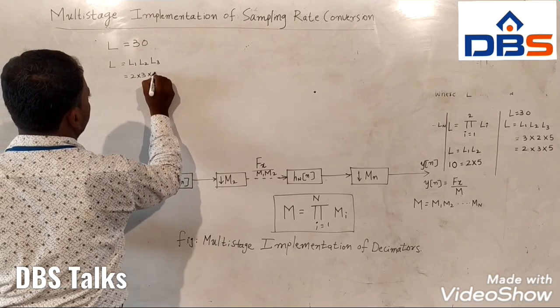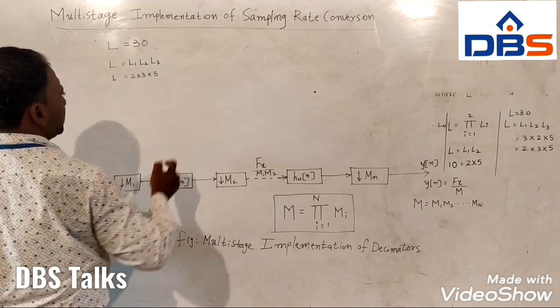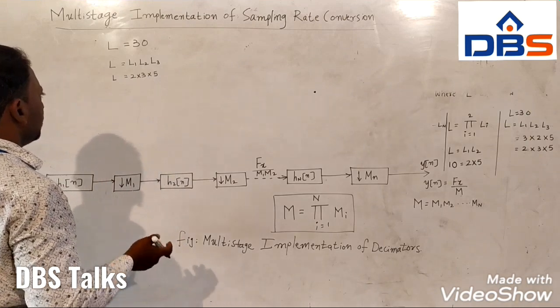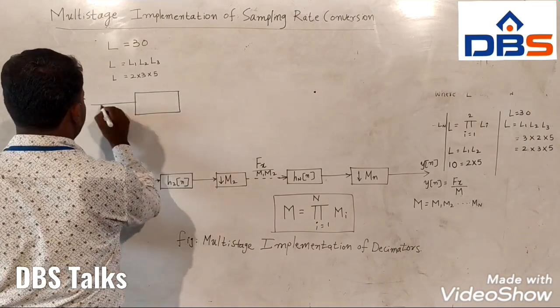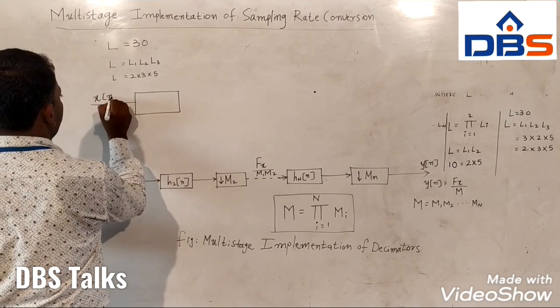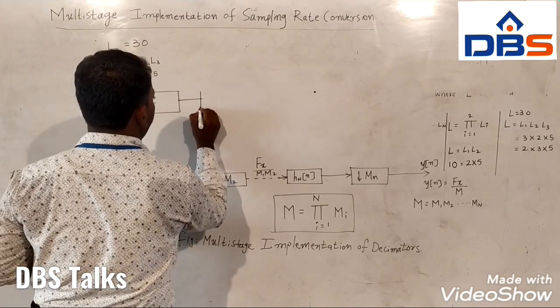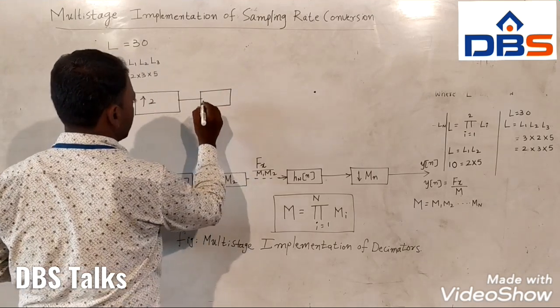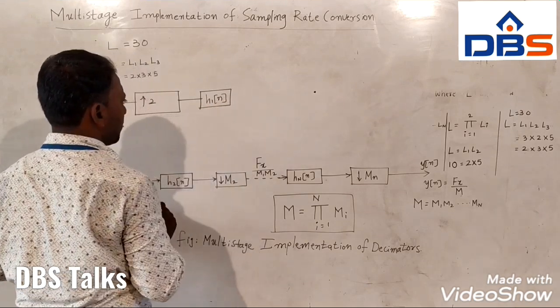For example, if you draw the block diagram for that, I will draw this. Now concentrate on what I am writing. Suppose L is equal to 30. I want to upsample the sequence x of n by 30.